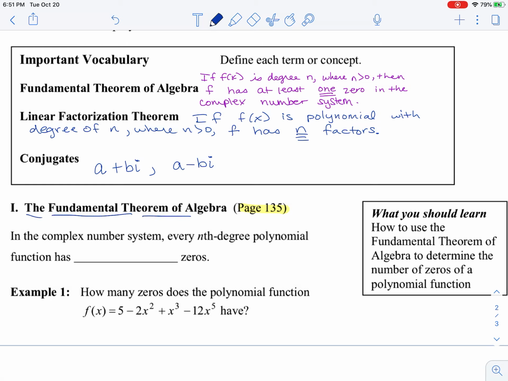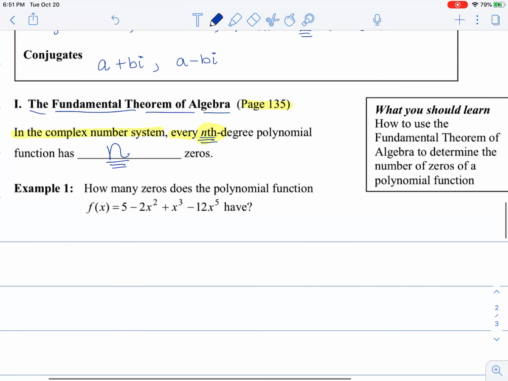It says the fundamental theorem of algebra in the complex number system, every nth, now that's just whatever the highest exponent, nth degree polynomial, has the same number, n zeros. So the nth degree matches the number of zeros that we have.